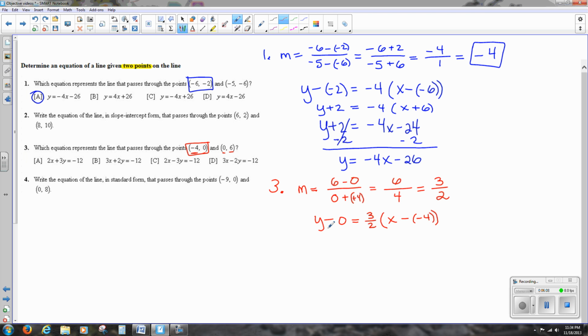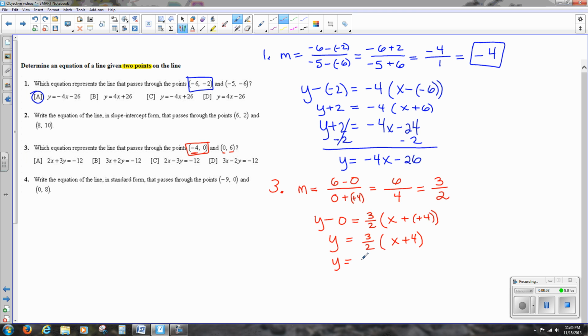Okay, y minus 0, because I can see these are all in standard form, so I need to get my x and my y onto the same side. Y minus 0 is just y. And I keep the 3 over 2 for now, times x minus negative 4 is the same as x plus 4. Okay, let's go ahead and distribute this 3 over 2.